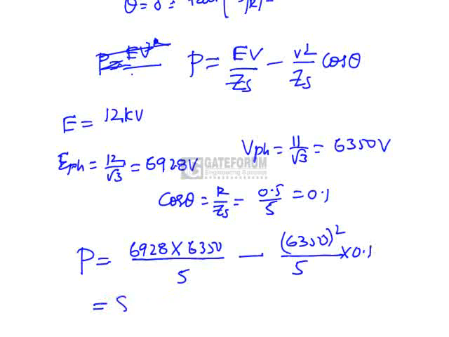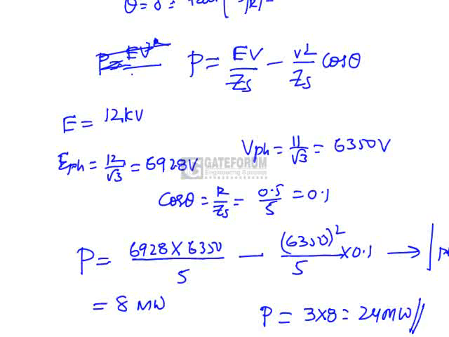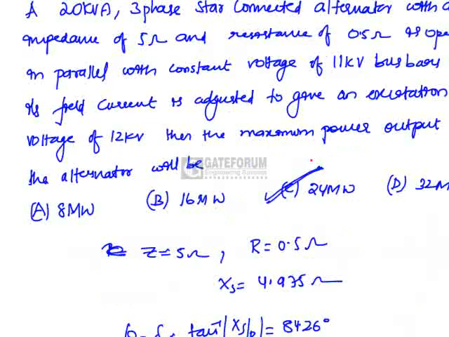So power we will get as 8 megawatt. What we have calculated here is per phase power. What he has asked in the question is the total maximum power output. This is a 3-phase alternator, so P is equal to 3 into 8, which is 24 megawatt. So option C is the correct answer.